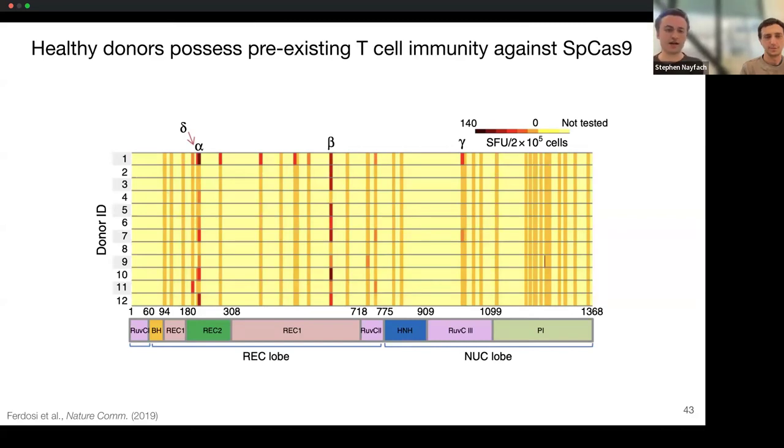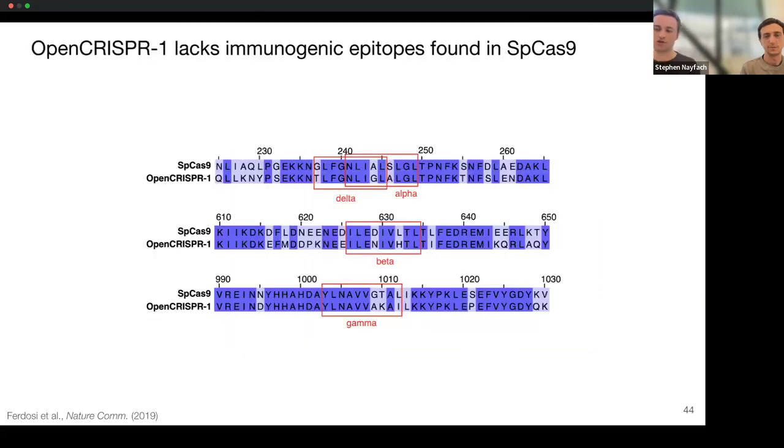This figure is from a paper from Ferdowsi et al., where they took a panel of 12 donors and found these existing T-cell immunity epitopes against SPCas9. They picked out 4 that appeared across most donors, and those are labeled at the top with alpha through delta. So then we did a really quick in silico experiment where we simply checked if these same epitopes from SPCas9 exist in OpenCRISPR-1.